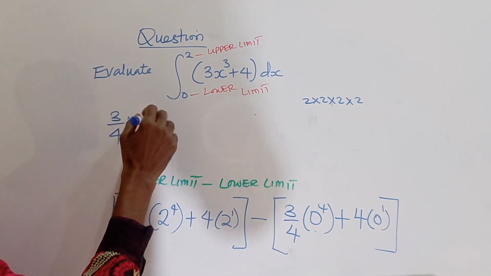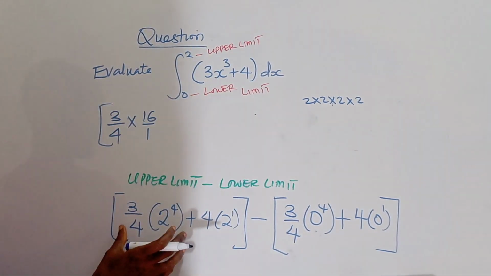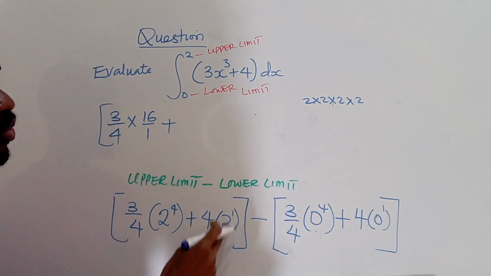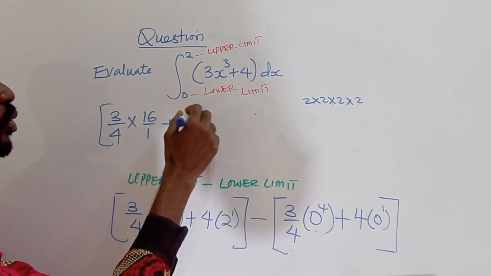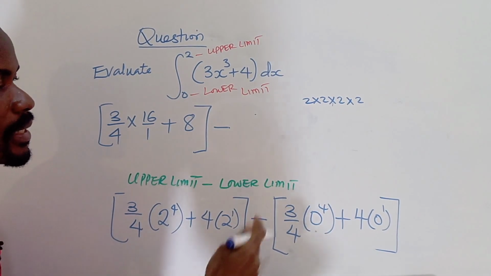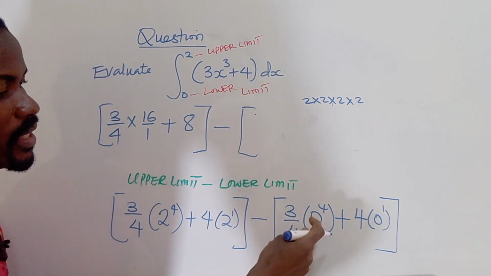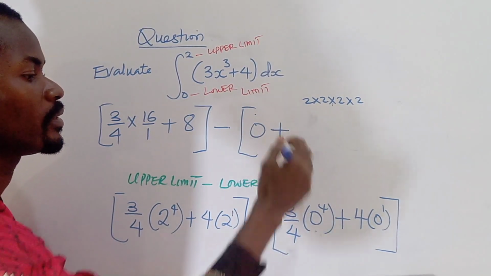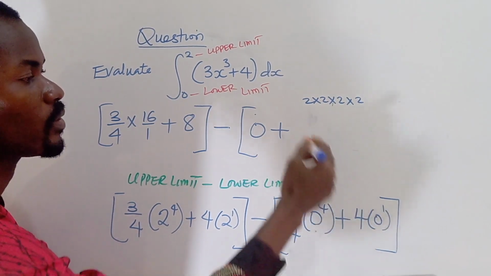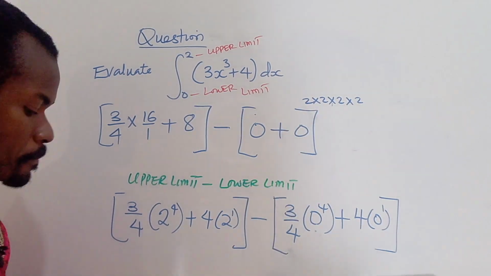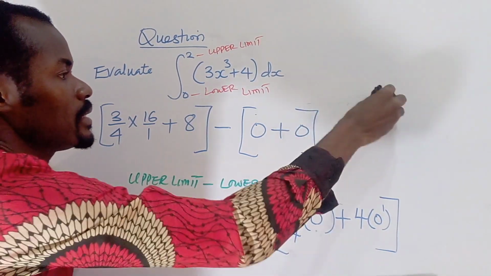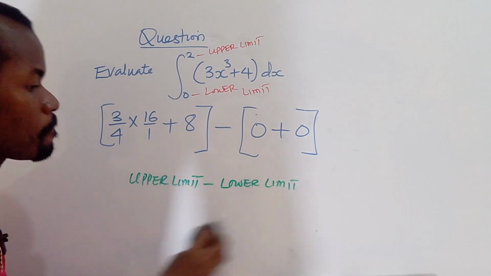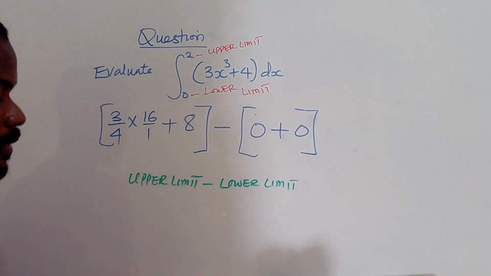So I have this as 16 over 1. Plus 4 times 2 raised to the power of 1, which is 2, so 4 times 2 is 8. Minus, for this part, 0 raised to the power of 4 is 0, times 3 over 4 is 0, plus 0 raised to the power of 1 is 0, times 4 is still 0. After simplifying carefully, let's see what this part gives us.